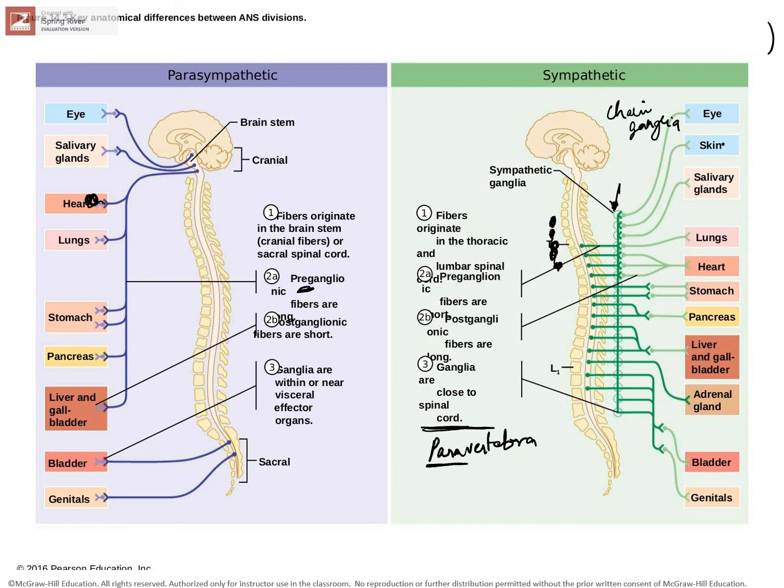So this nervous system is called the craniosacral division. And the sympathetic nervous system originates from the thoracic and the lumbar region. So it's called the thoracolumbar division.